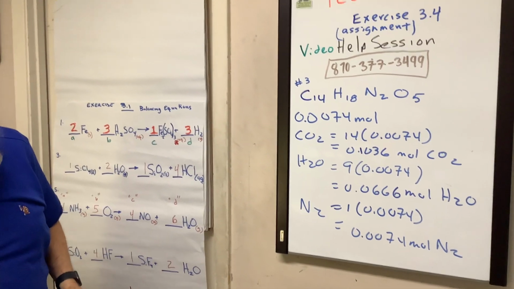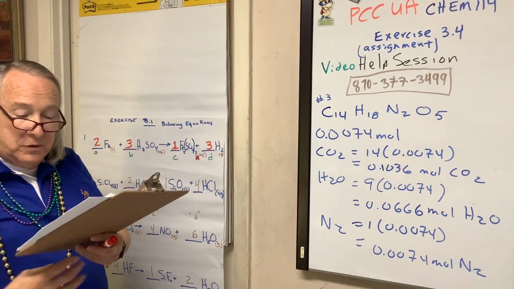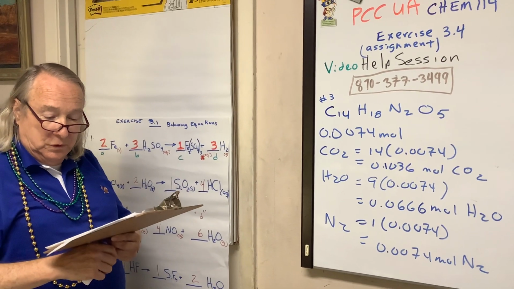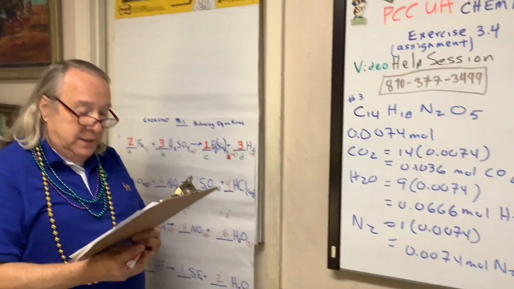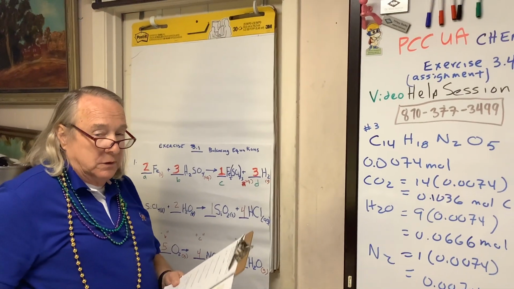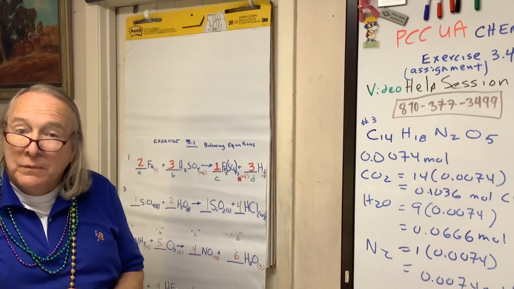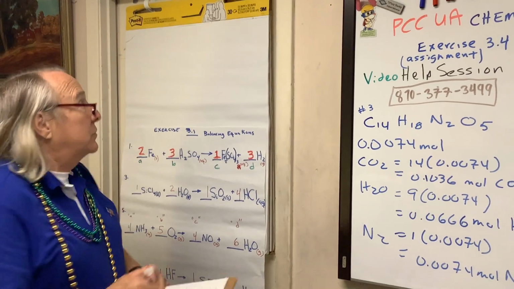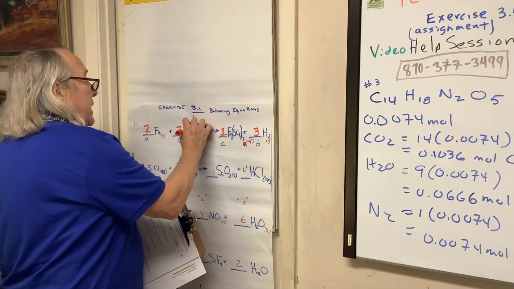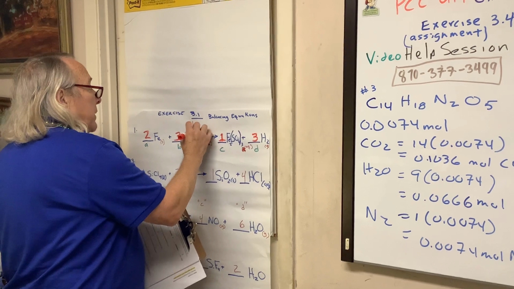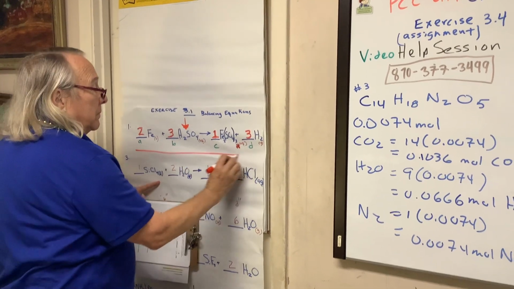So it says, how many moles of hydrogen gas would be produced if 1 mole of iron was reacted in excess sulfuric acid? So forget limiting reagents and excess reagents. It says I have plenty of this. And now, this is my balanced equation.